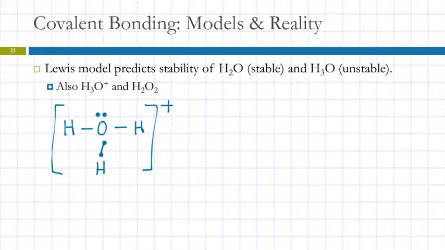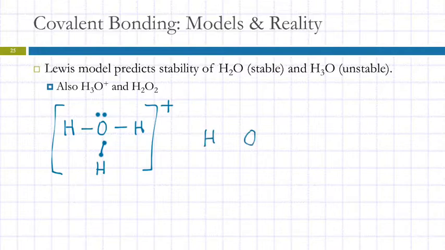Is this a happy molecule, ion? Does the oxygen have 8 electrons here? Wake up. Come on. Does it? Yes, it does. So the oxygen has 8 electrons. 2, 4, 6, 8. Each hydrogen has 2. Lewis theory says this is stable. It is. Let's do H2O2.